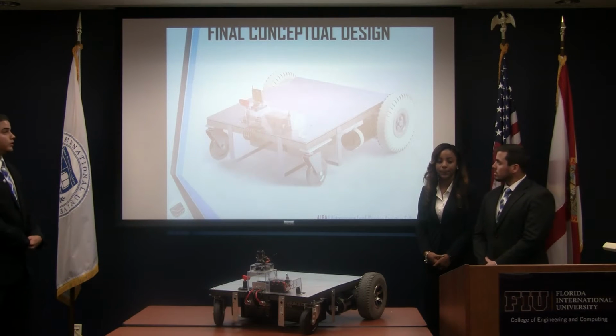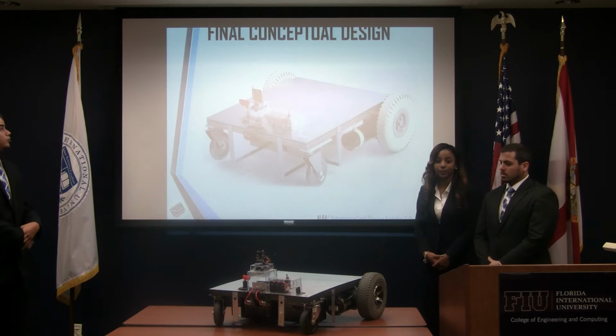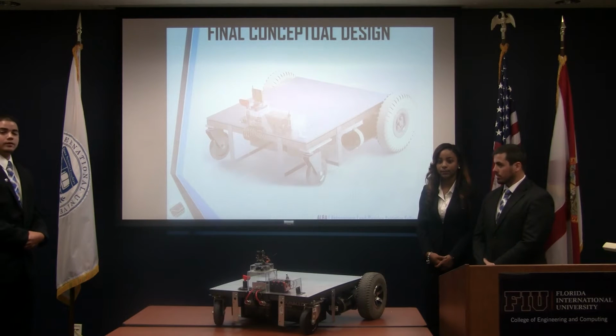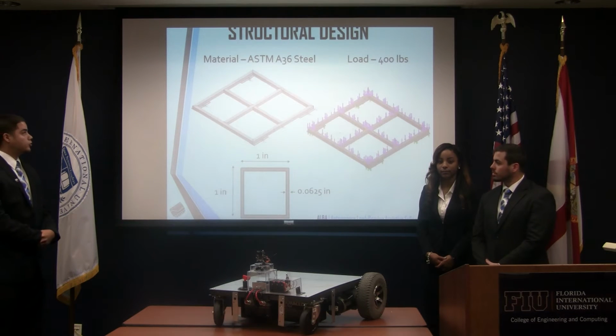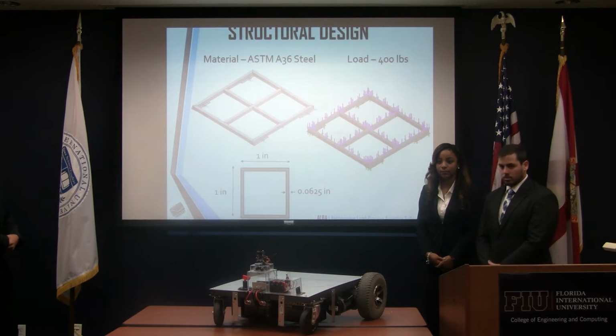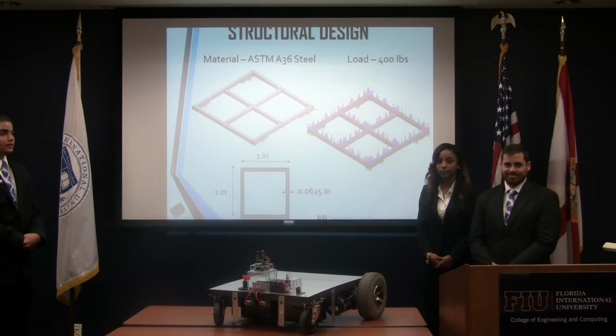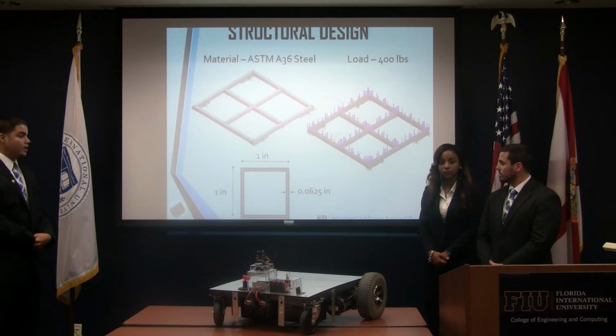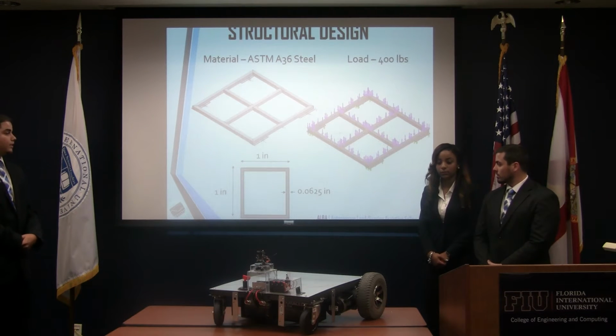This was our final conceptual design. We constructed it with 2 Merit MP3 motors, an Arduino microcontroller, a Sabertooth driver, and 2 12-volt batteries. Our structure design was made with ASTM A36 steel, which was 25 inches by 22 inches with a cross-section of 1 inch square with a thickness of 1/16 inch.